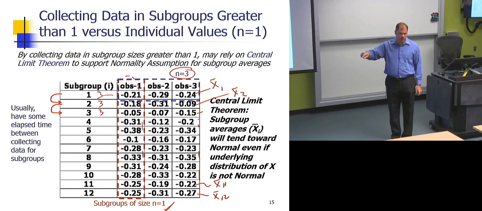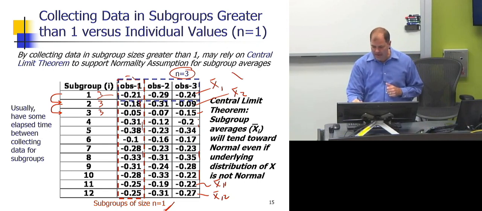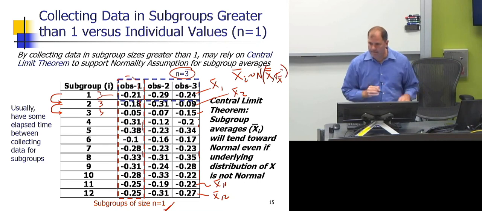X could be skewed to the right. But if I take subgroups of 3, and I have x bar 1, x bar 2, and I look at the distribution of x bar sub i, this is going to tend towards some normal with x double bar and sigma x bar.